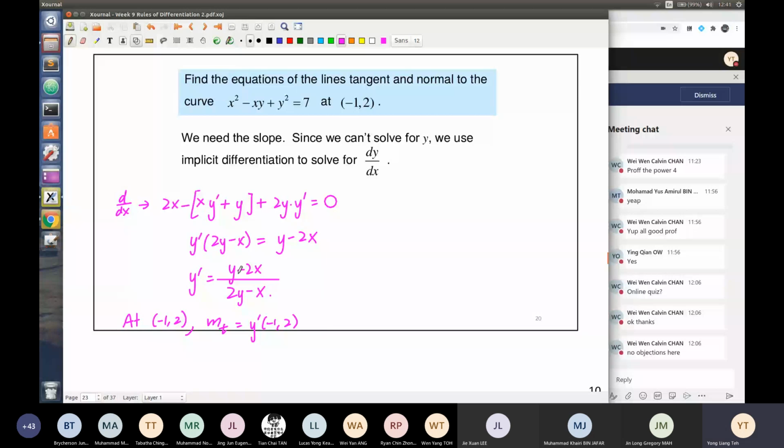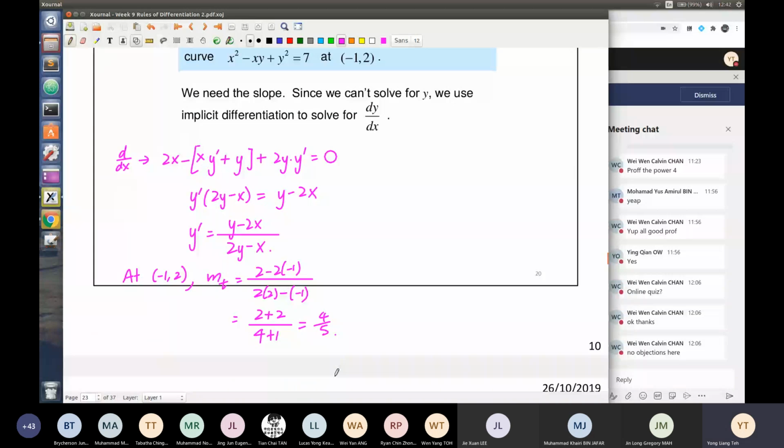So you get (2 minus 2 times minus 1) divided by (2 times 2 minus minus 1). This is (2 plus 2) over (4 plus 1), so it looks like I'm getting 4/5. Any objections?